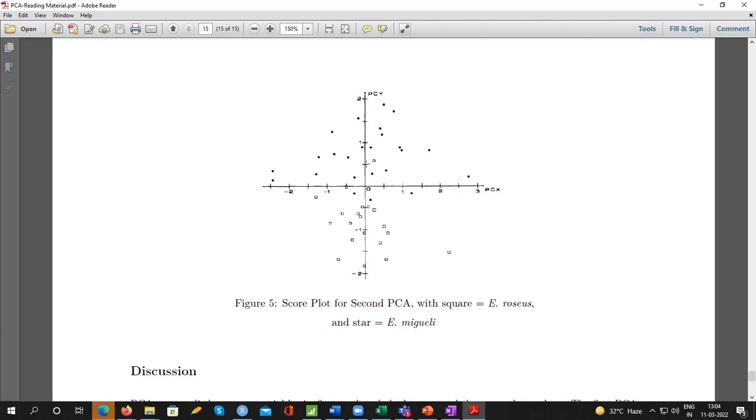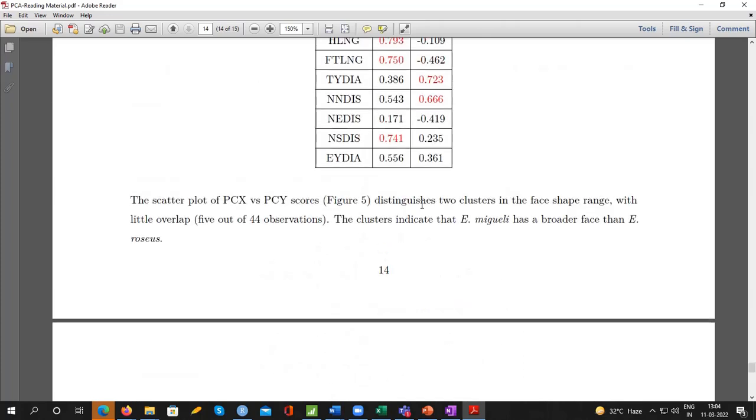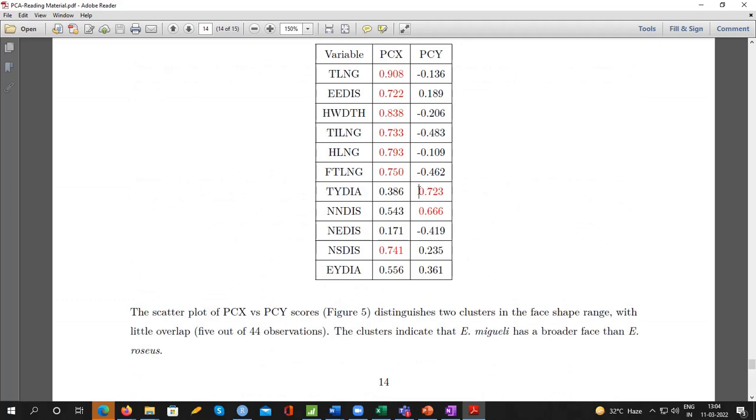So the first PC is not that helpful, because you see both species on both parts of the x-axis. What is distinguishing is the second PC. In the second PC, what is important? Tympanic diameter and nostril to nose distance.